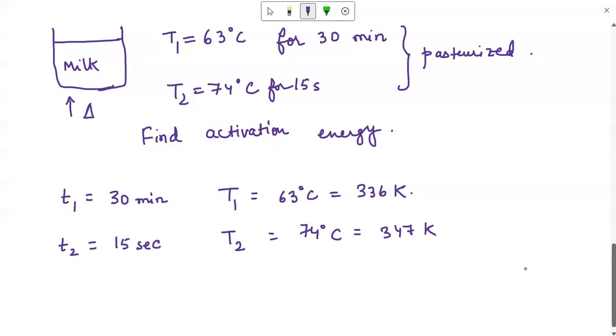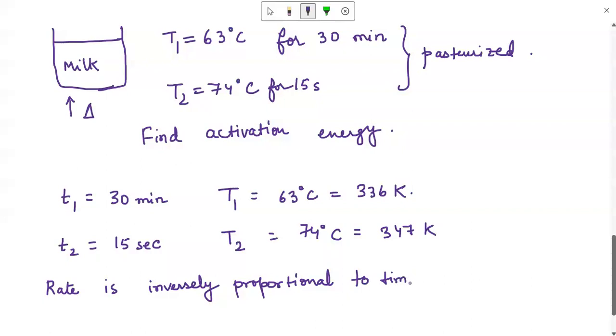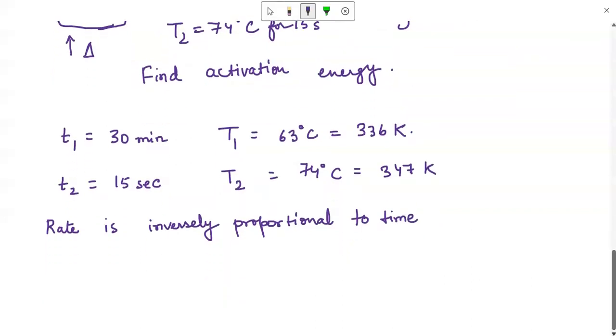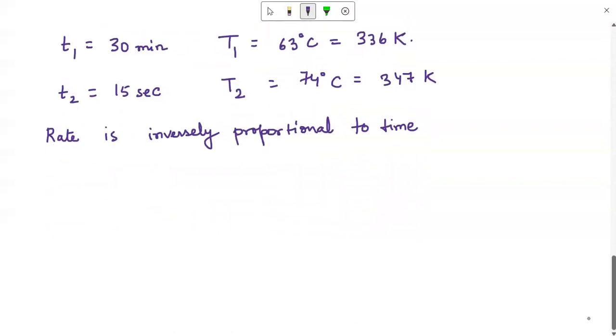Now one understanding that we have is rate is inversely proportional to time. Okay, rate of anything is obtained with respect to time, so rate is inversely proportional to time. This is one thing that we know. So if we want to now apply the Arrhenius law, then we can do it in the given way.